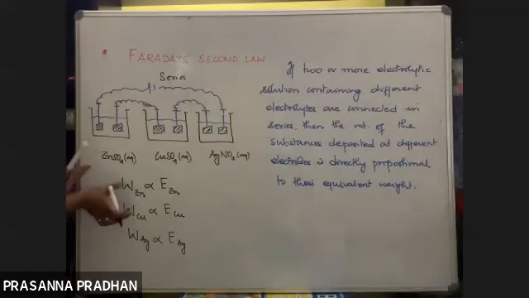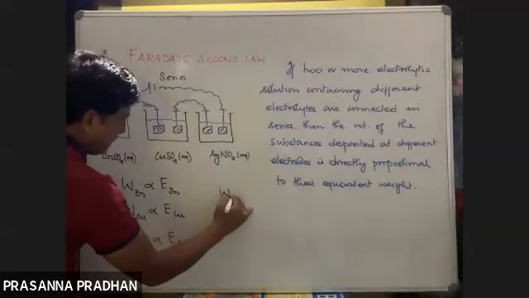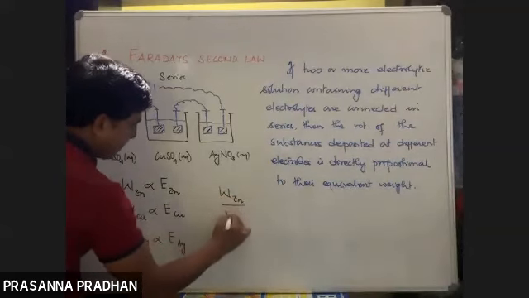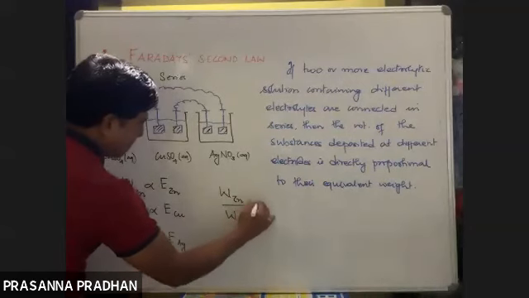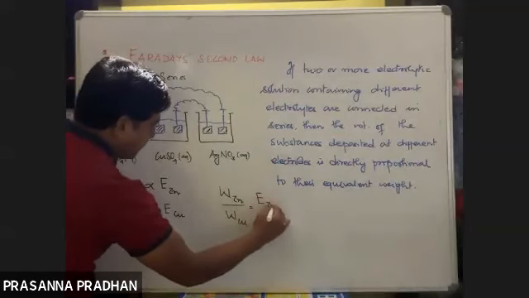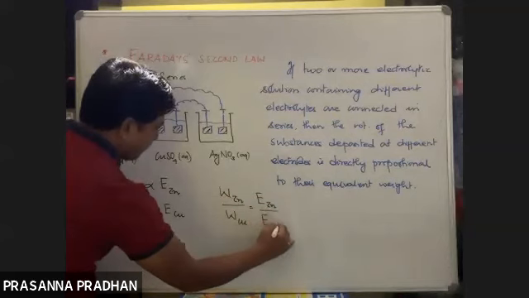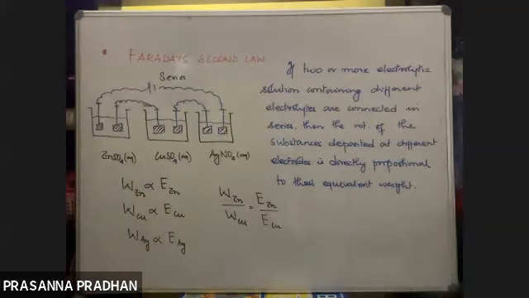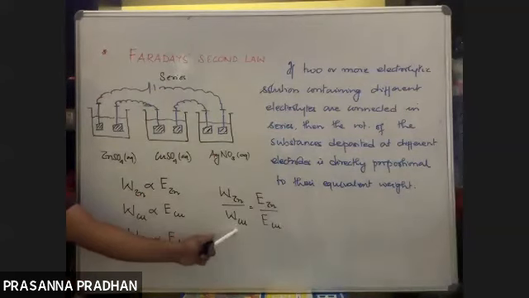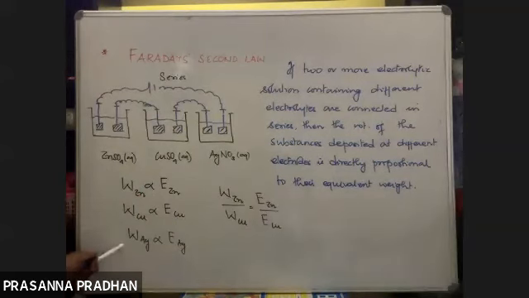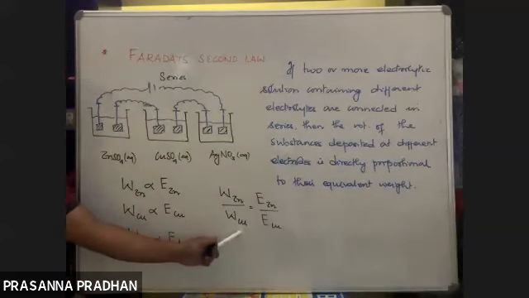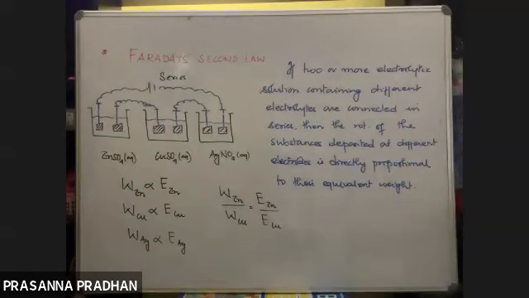So if I take equations 1 and 2, I can write weight of zinc deposited by weight of copper deposited equals equivalent weight of zinc divided by equivalent weight of copper. Or if I take equations 1 and 3, weight of zinc by weight of silver. If I take equations 2 and 3, weight of copper by weight of silver is directly proportional to the equivalent weight. So these are all about Faraday's second law of electrolysis.